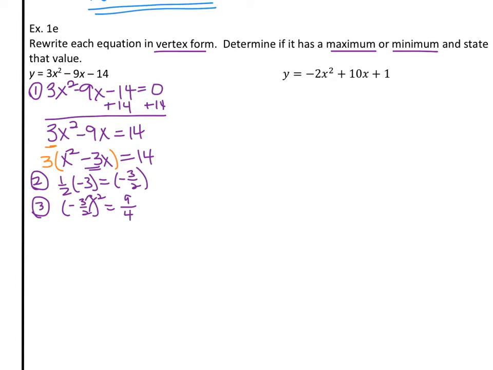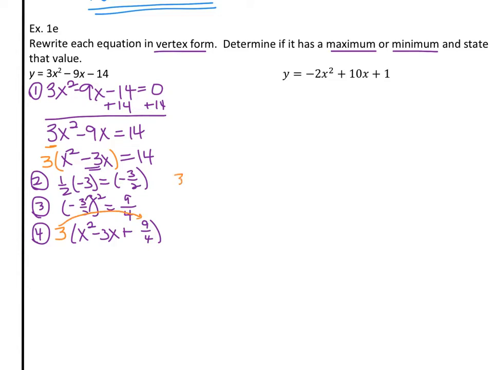Now add that to the inside. And remember, we have that 3 out in front, so we need to keep that out in front. And if we have x squared minus 3x, and then we're going to add that 9/4, that creates that perfect trinomial square. But the 3 on the outside is going to make things interesting for the right.